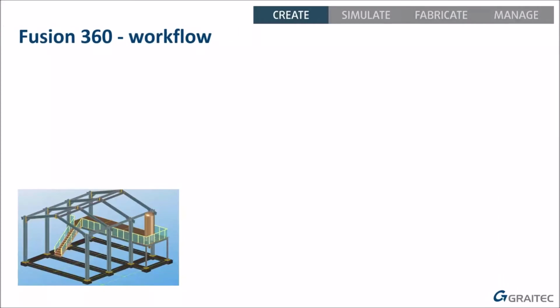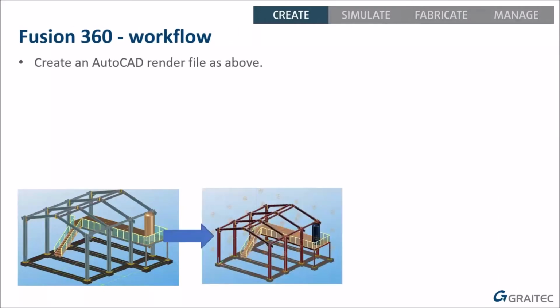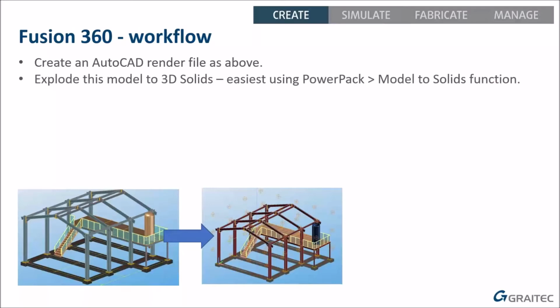So let's look at the workflow for this. Again, you start with your AutoCAD model or your Advanced Steel model and you put that into the render file as we've described just now. You have to explode that render file to 3D solids as I just explained. You can do it all manually by selecting objects and saying explode and all the rest of it, but the easiest way is using the PowerPack model to solids function, which does it in one move for you very, very nicely.